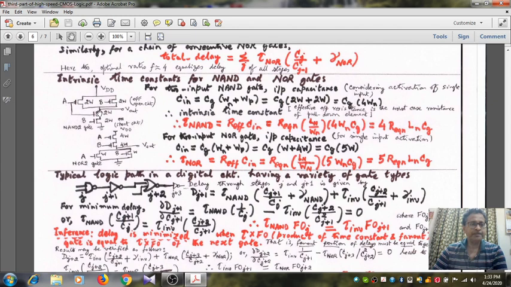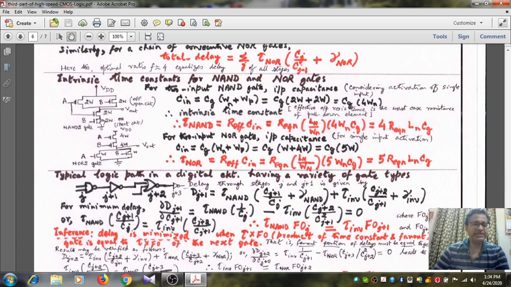Here in the worst case only one PMOS can be acting wherever you have got a parallel combination of transistors. You have to consider the worst case, and a series combination means all the transistors would be in conduction. Okay, so here the worst case is 2W, and why do you consider 2W each?